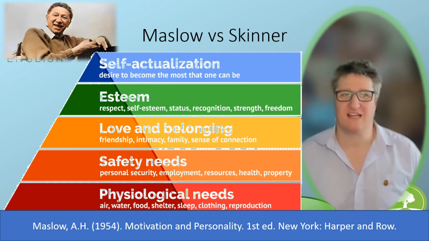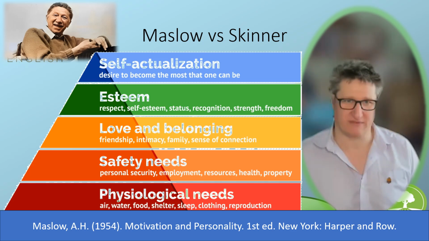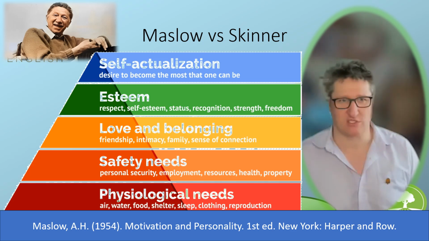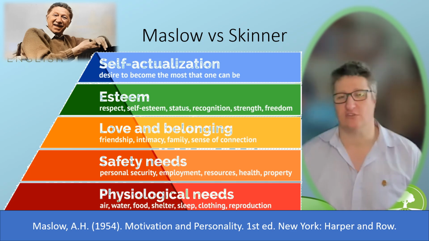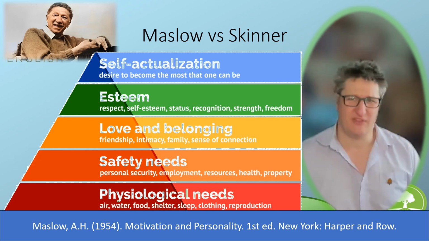The top rung is self-actualization, which is something that only a very few of our students will be striving for, depending on what you teach. I guess a yoga teacher or church pastor may come across this felt need more often. But for an English language teacher like myself, this is out of the ordinary.